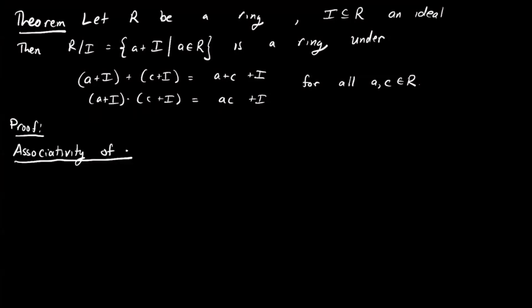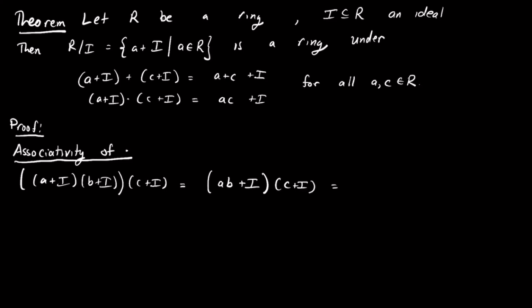So next I'll check that multiplication is associative. So let's try to write this down. I'll take the coset of a times the coset of b, in parentheses, times the coset of c. This is going to be the coset of ab, so it's (ab + I)(c + I). Well, what is this going to be? By definition, this is just (ab)c + I. And now what I know is (ab)c is taking place inside of R, and I know inside of R I have associativity.